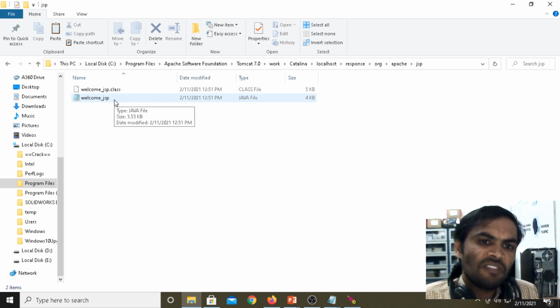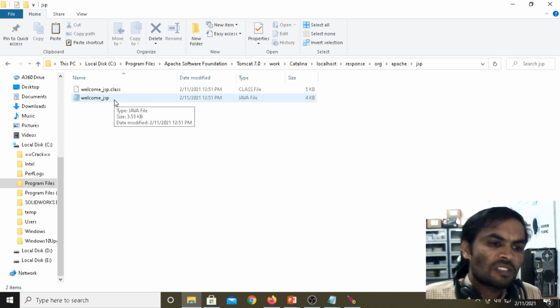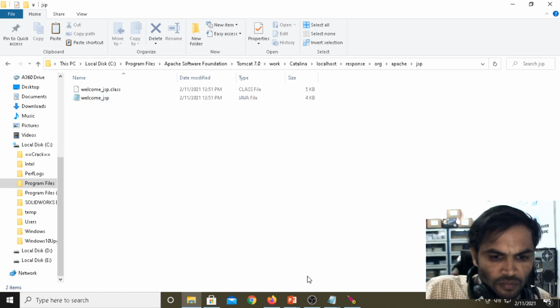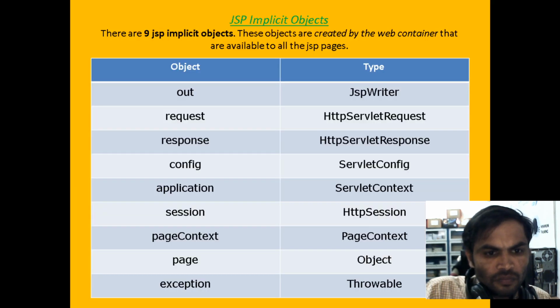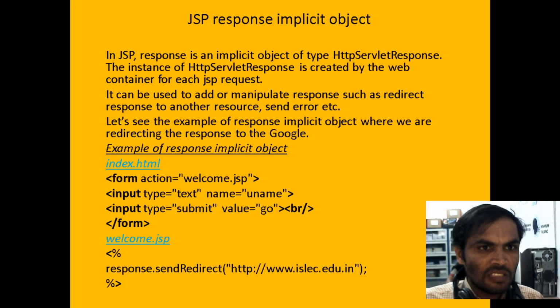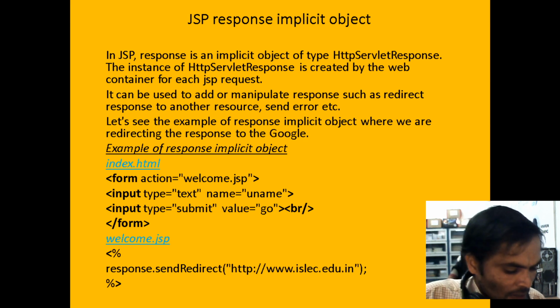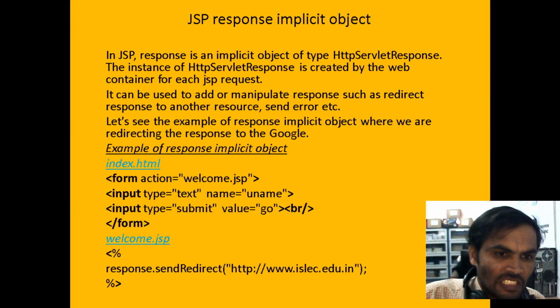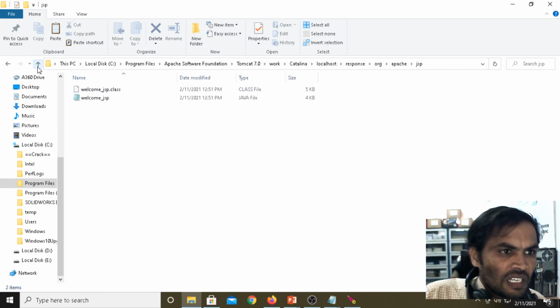We are not creating the objects. Just now you saw the output for implicit object. Similar for the response also, same will be there, response.sendRedirect. We can see one more example here.